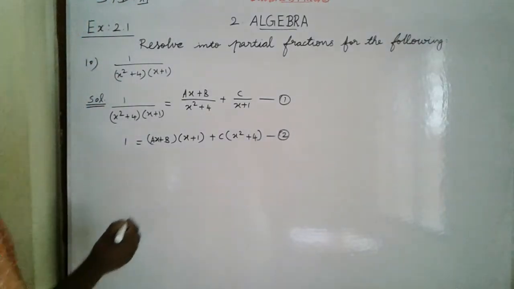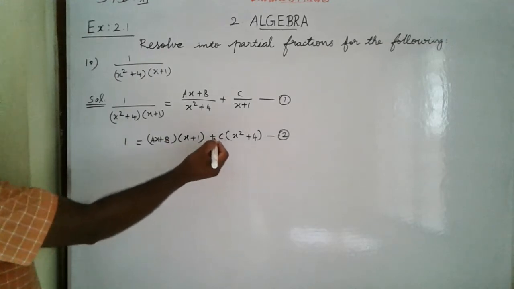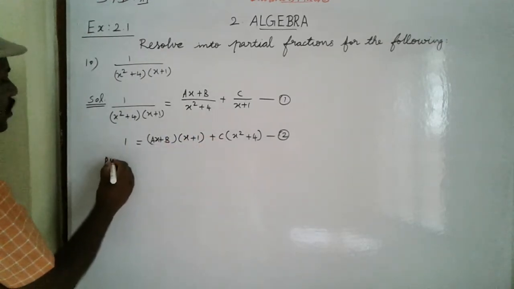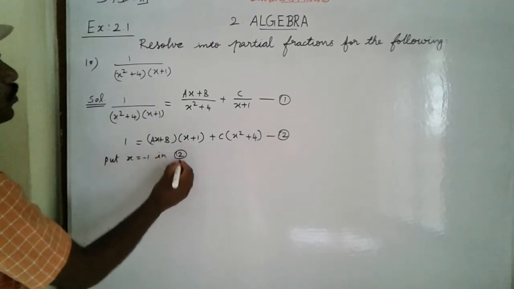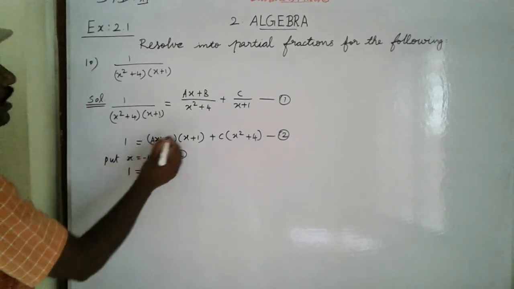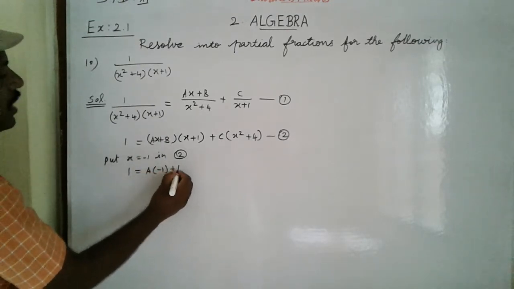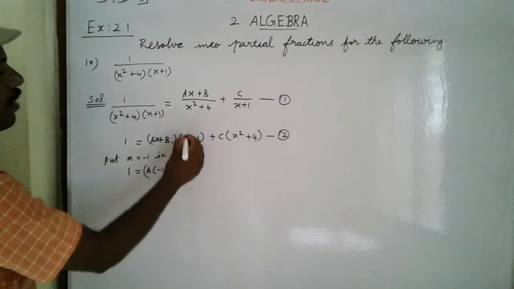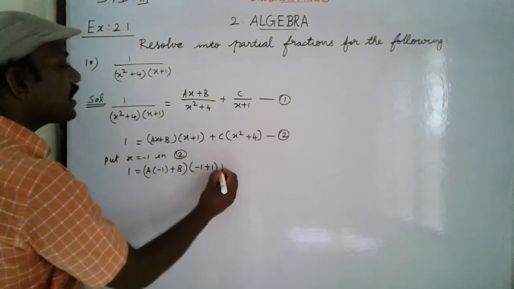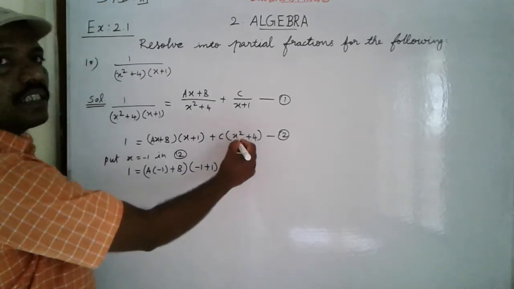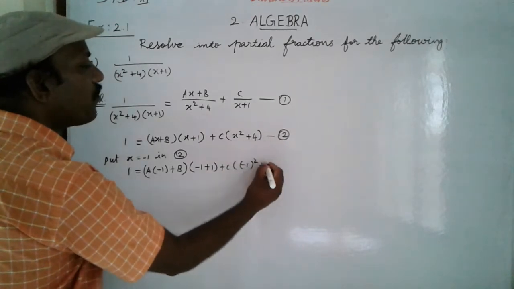So put x equal to minus 1, then this term is 0, and we can find the c value. So put x equal to minus 1 in equation number 2. So 1 equal to (a into minus 1 plus b)(minus 1 plus 1) plus c into ((minus 1) whole square plus 4).